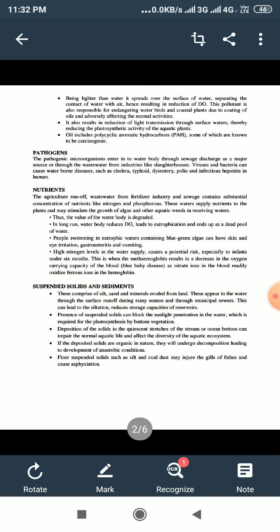Being lighter than water, it spreads over the surface of water, separating the contact of water with air, hence resulting in reduction of DO. This pollutant is also responsible for endangering water birds and coastal plants due to coating of oils and adversely affecting the normal activity.